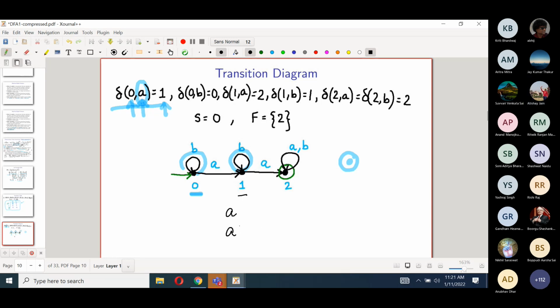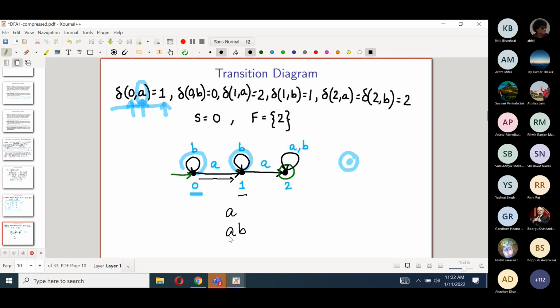If I had, let's say, A, B, then where will I end up? Same. Why? Because you're just following the directed path from A. When you read A, you're at state 0, you go to state 1. Now you're at state 1, and you have to follow the directed path labeled B. So if you are visualizing one transition step, you are following one directed edge, which is labeled by that particular symbol.